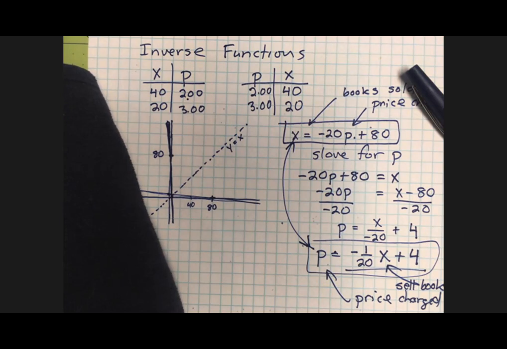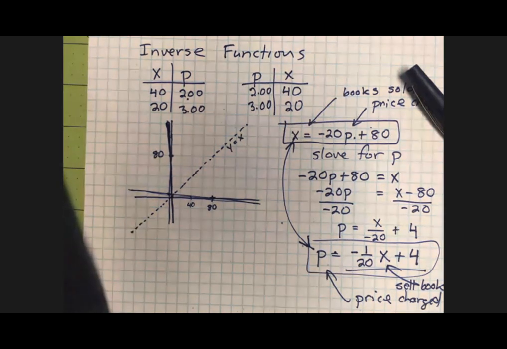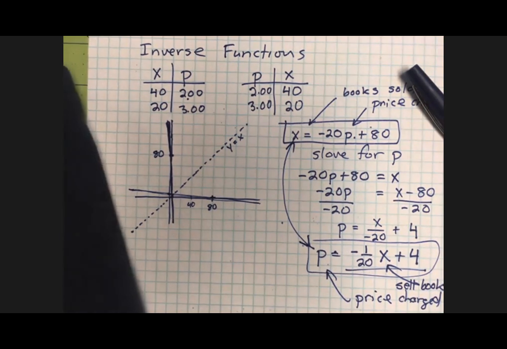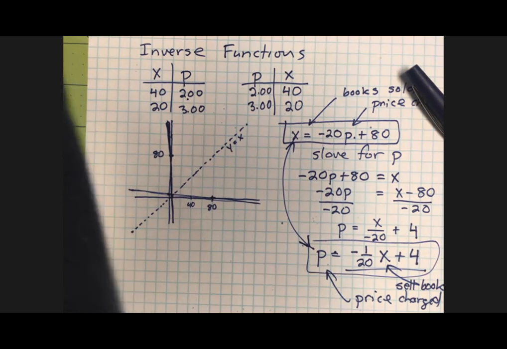Now let's do that equation backwards. X equals minus 1/20th times y plus 4. I'm sorry, let me keep the letters y and x.